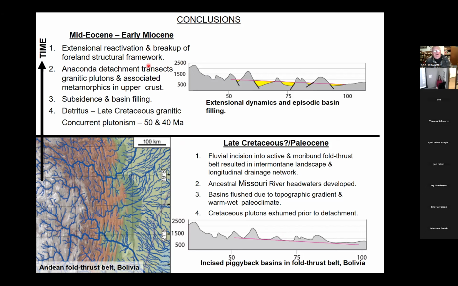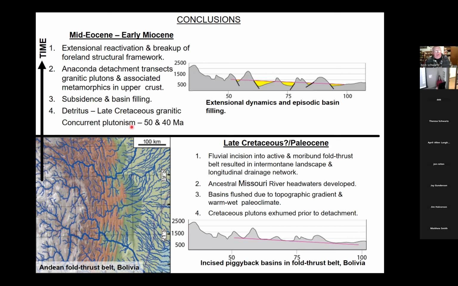The Anaconda detachment transected granitic plutons that were exposed in the adjacent mountain ranges, as well as associated high-grade metamorphic rocks that were associated with the plutons. You can see that in outcrop today. So that detachment surface cut through these very plutons that were already exposed. At the same time, basin subsidence and filling began, Renova deposition.